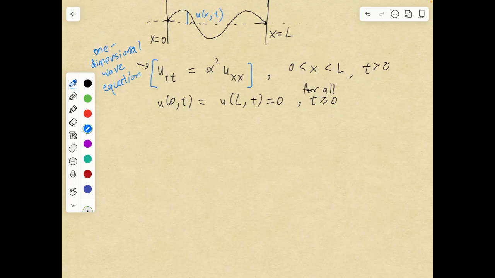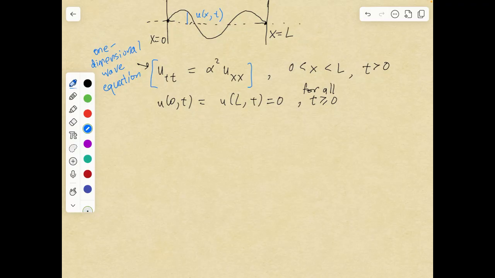There are wave equations for different dimensions. So if instead of a piece of string, you have a piece of the top of a drum or something, right? That has a vibration. So that would be two-dimensional. But for us, we're just interested in the one-dimensional case.